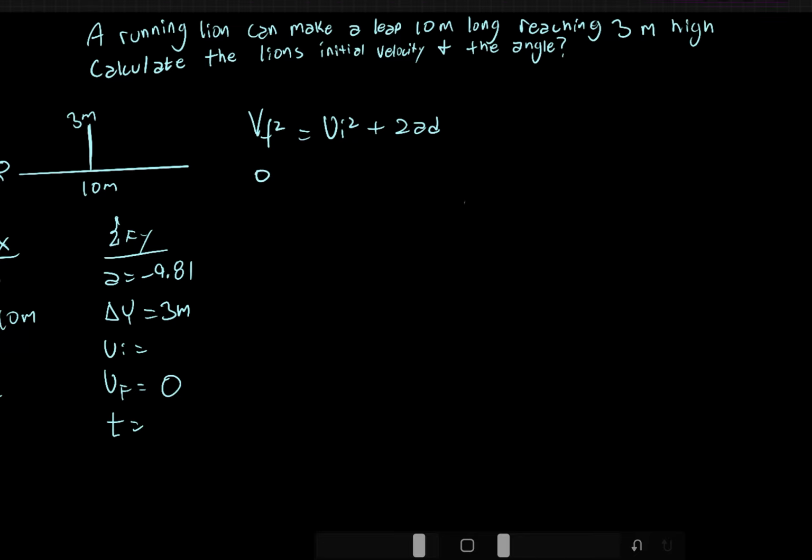Okay, so final velocity is 0. V initial squared is what we're trying to solve. 2 times negative 9.81 times 3.